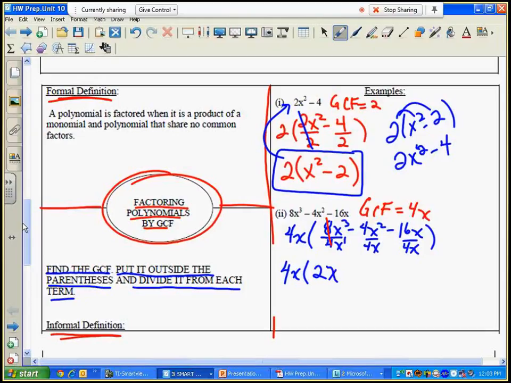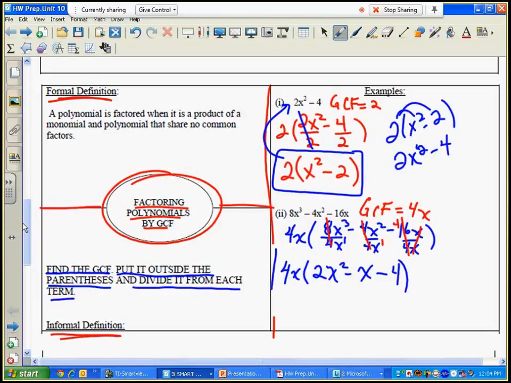Over here on the middle term, 4 divided by 4 just gives you 1. And then x squared divided by x to the first just gives you an x. Then the last one, negative 16 divided by 4 gives you negative 4. And then also the x's cancel out too.